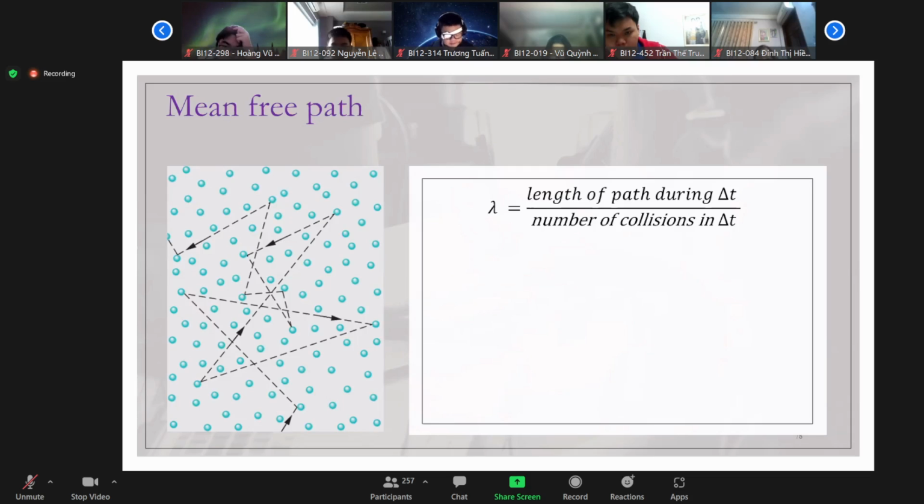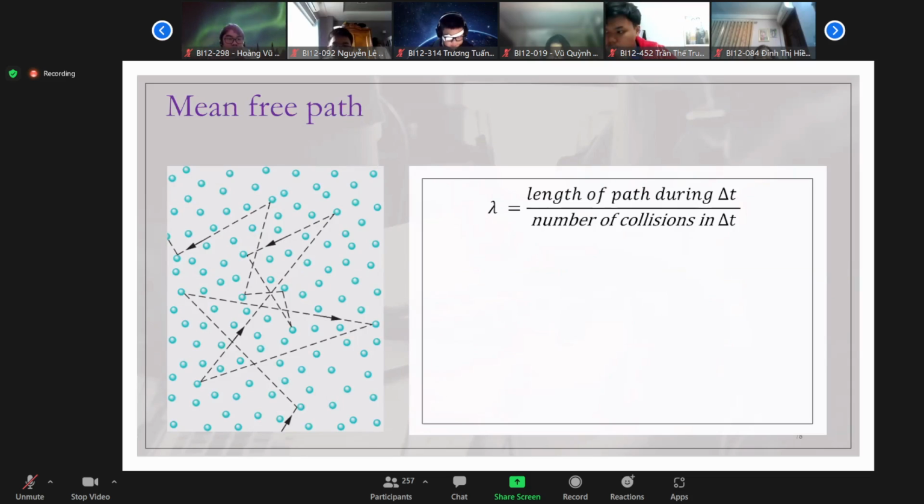Actually, the mean free path is the ratio between the length of path during the delta t over the number of collisions in delta t.